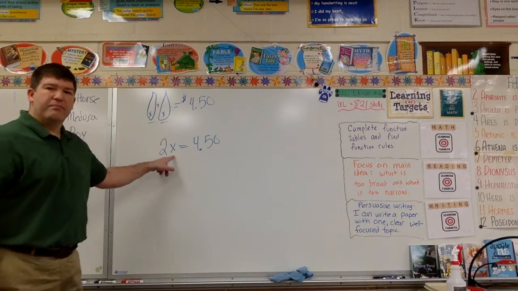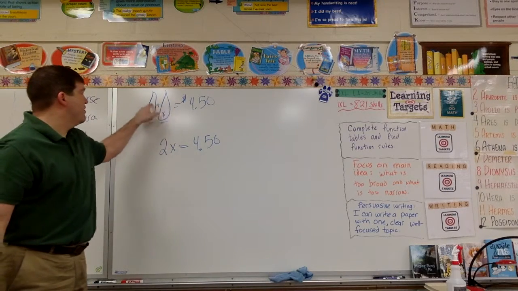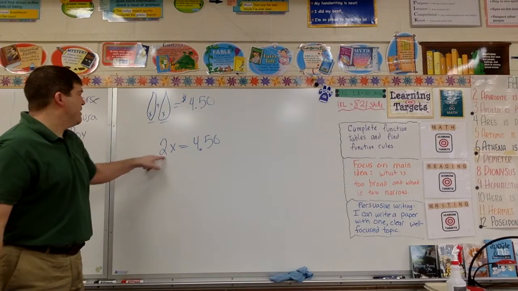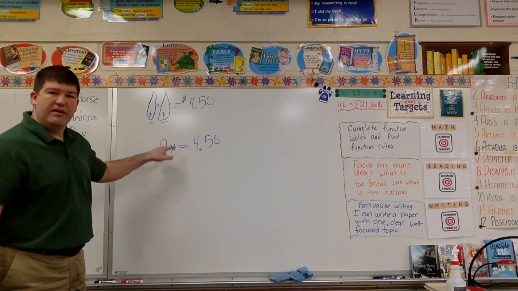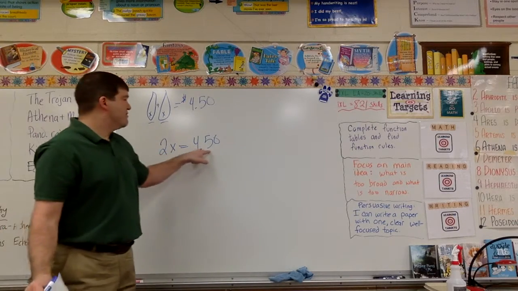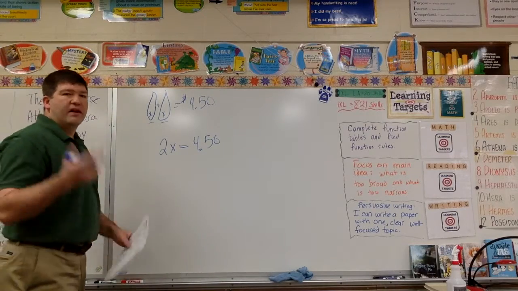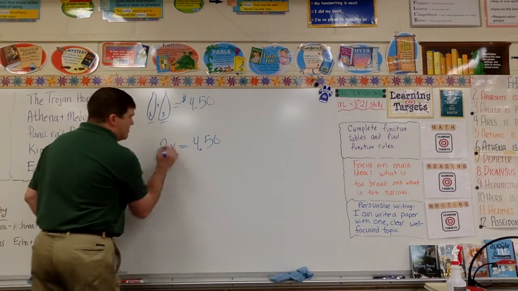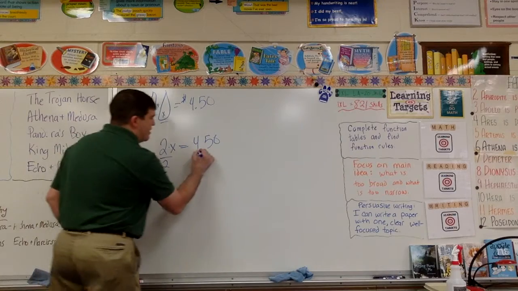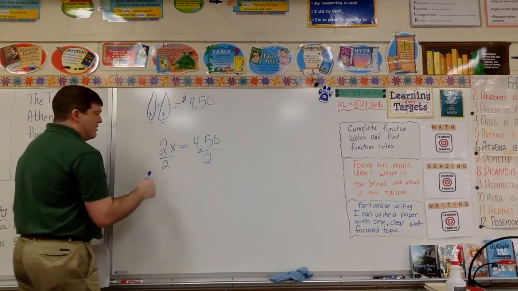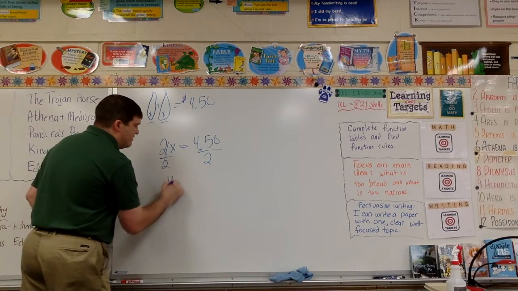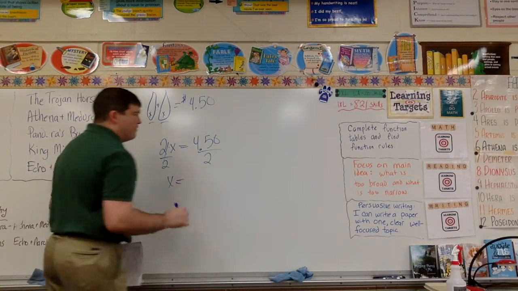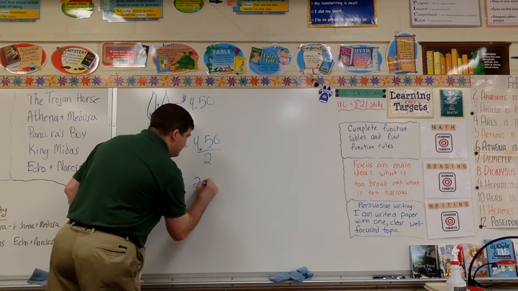So once I find the individual cost of each one, I times it by 2. So it's 2 times the individual cost is going to get me this total of $4.50. I can find out the cost by, when it's a multiplication, you divide each side by the number, so that'd be divided by 2. This cancels each out. X and $4.50 cut in half is $2.25.